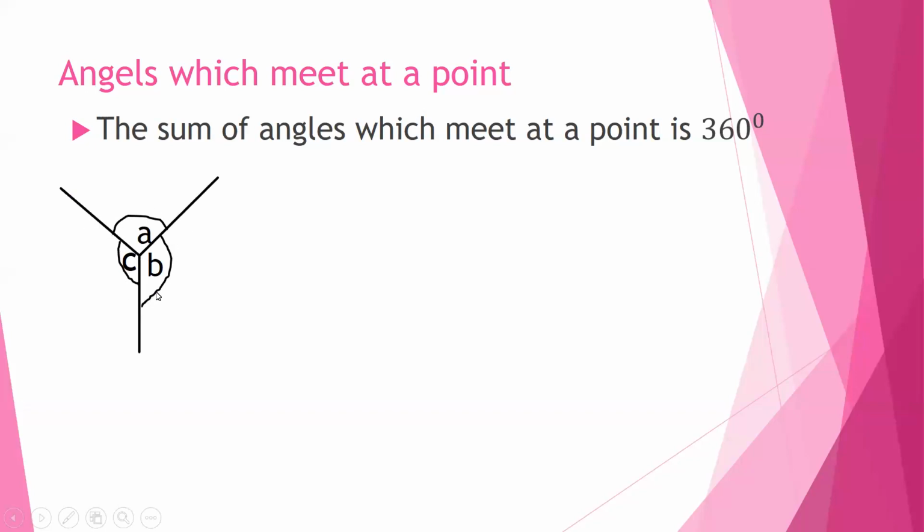So when these three lines meet, the sum of all these angles should give us what? 360 degrees. So when you add A to B to C, it's reasonable to equate it to 360 degrees. You get it? All right.